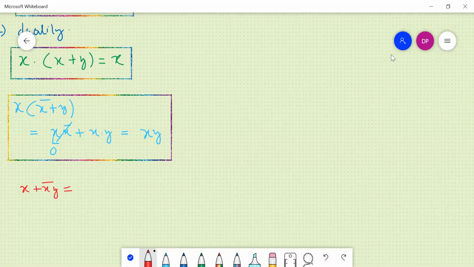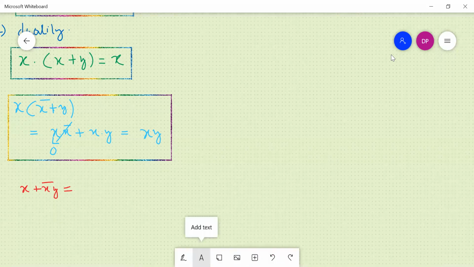What will we do as the first step? Which rule will we put here? Distributive law. Sir, we can use the distributive law to solve this.